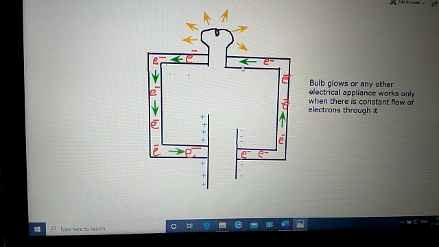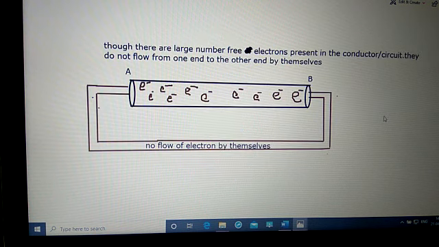During the continuous flow of electrons through this gadget, the gadget keeps working. The moment the flow of electrons stops, the gadget stops working. Then another important question will arise at this point of time.